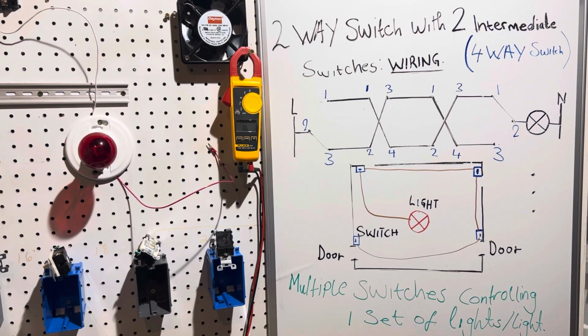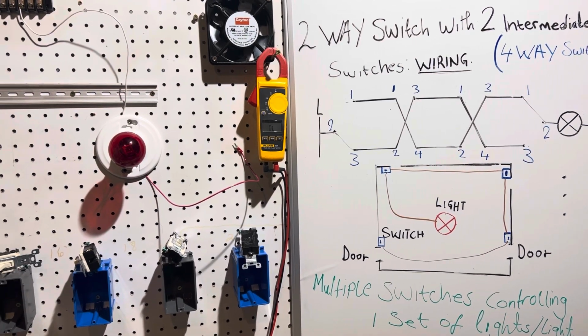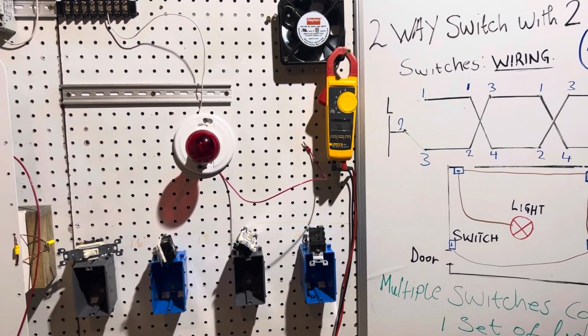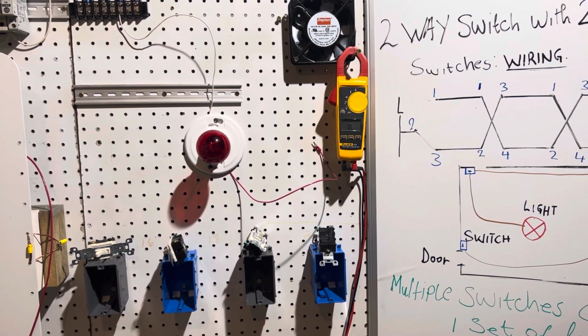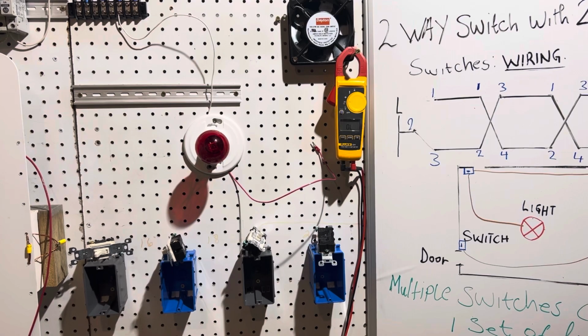I'm sure we're gonna get to that at some point. Now I'm done with showing you the schematic, and now we're gonna come to the connection part. I want to show you guys how we can connect this.